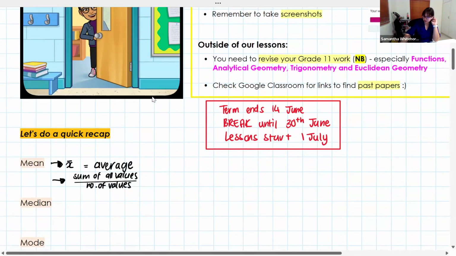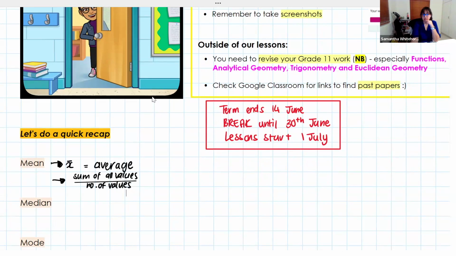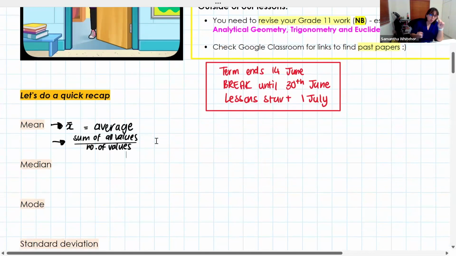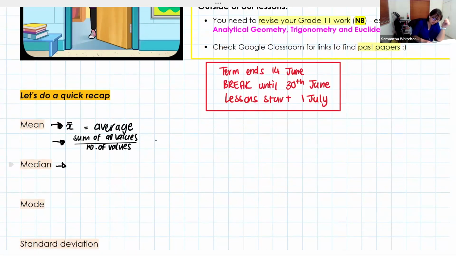Okay, can anyone tell me what the median is? Okay, the middle number, middle term, that's good, but really importantly, it has to be the middle number of an ordered data set.